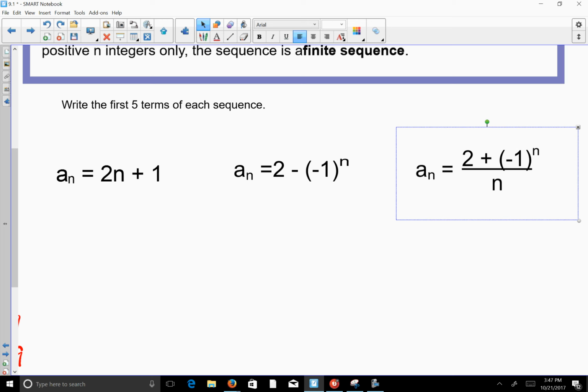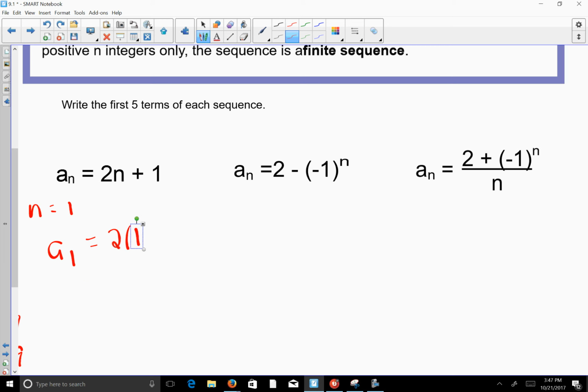The first one here, I have a sub n is equal to 2n plus 1. So when I go to solve these, if I want the first 5 terms, unless it tells me otherwise, I'm going to assume that n starts with 1. So I'm going to say a sub 1, in other words, the first term, is equal to 2 times 1 plus 1. When I do that, I get 3.